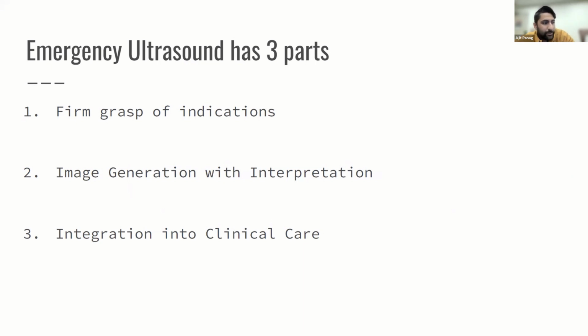So generating the scans and knowing when the image is adequate to interpret and extract the data from. And then the third is kind of integration into clinical care. So this is that initial study we talked about where the medical students were struggling with integrating into clinical care. So basically making decisions based on all the data as a whole. So not only the ultrasound, but also the H&P.